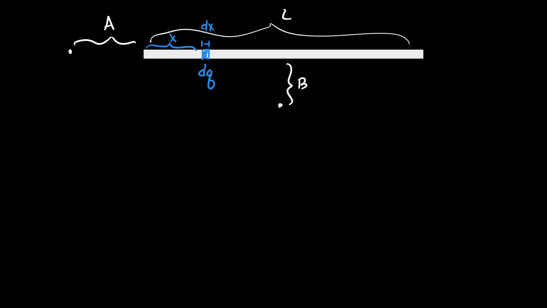First, I need to express dq in terms of dx, so I have something that is integratable based on the size of the bar. I'm going to remind us that dq would be equal to the charge density times the length. They gave us a charge density to use of lambda naught, so we can just use that as our direct replacement for dq.